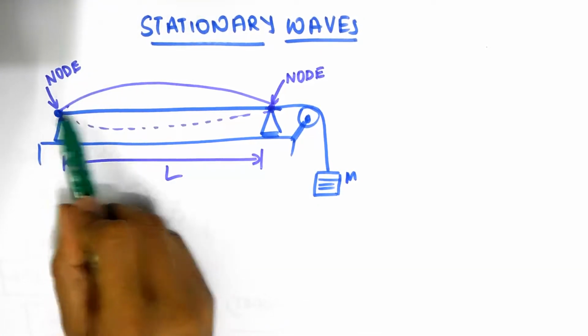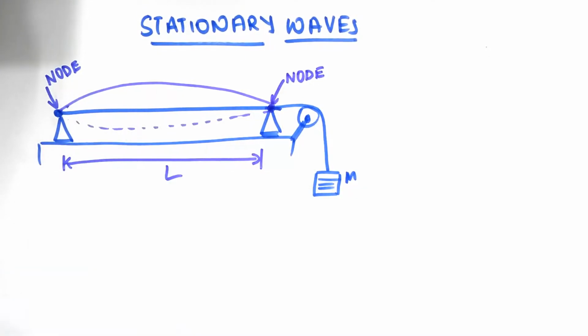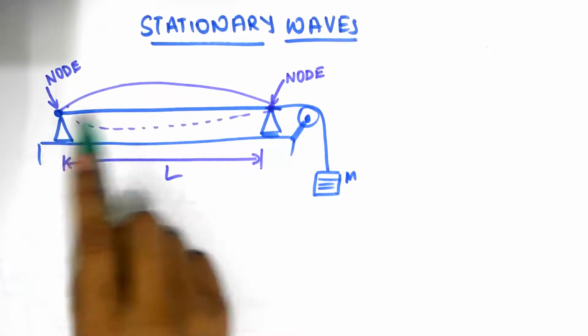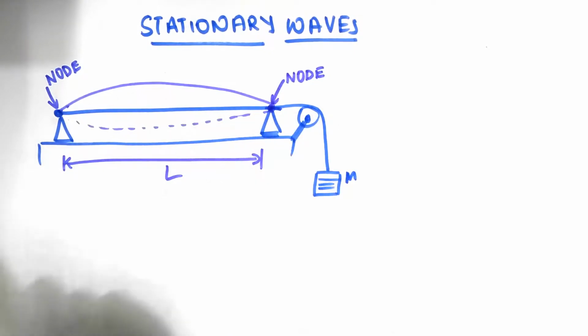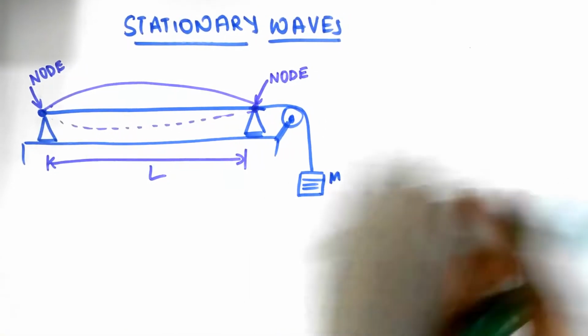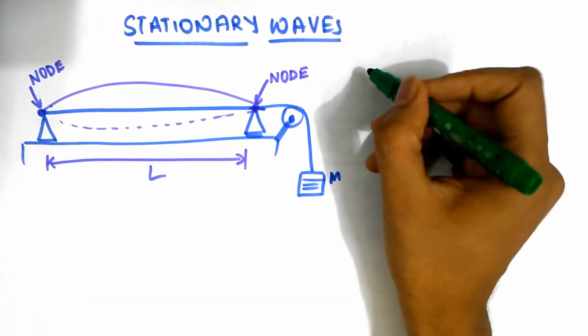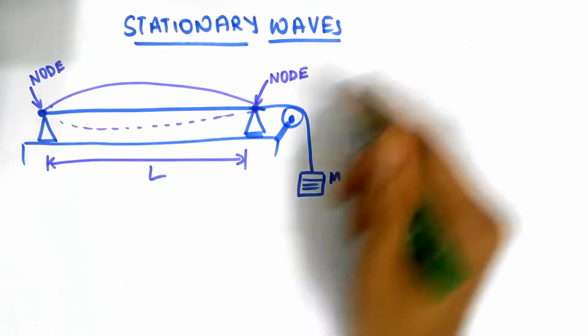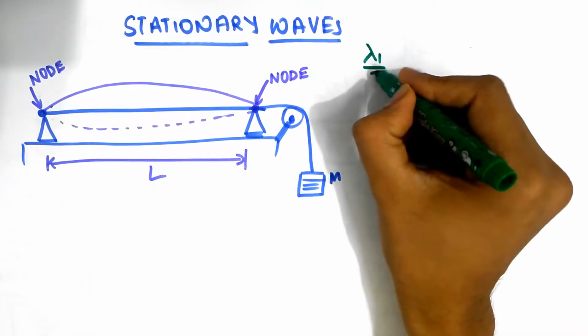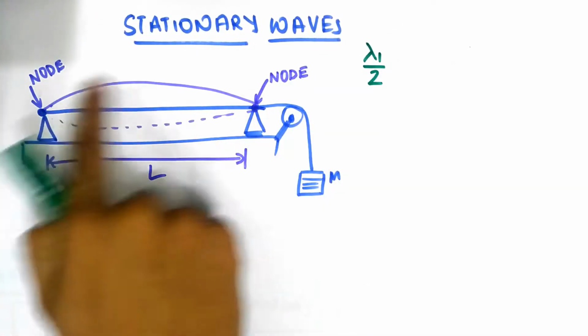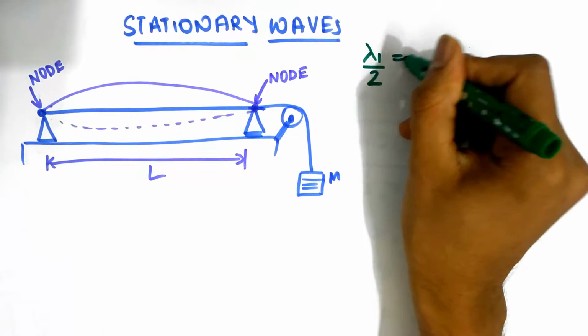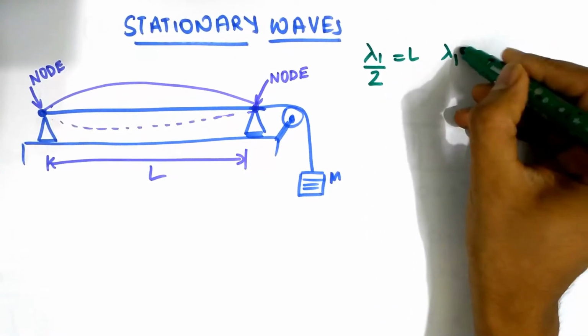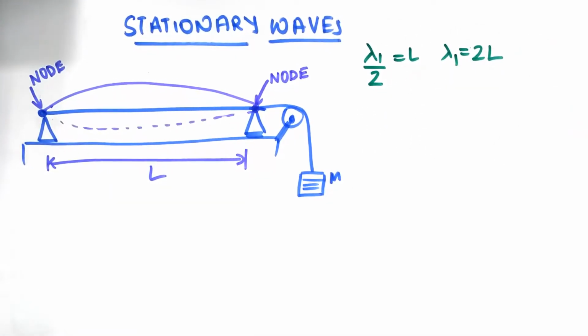Notice that from one node to another node is always half a wavelength. So in this example, half of the wavelength, lambda 1 divided by 2, where lambda 1 is the wavelength of this wave, should be equal to L. So lambda 1 equals 2 times L.